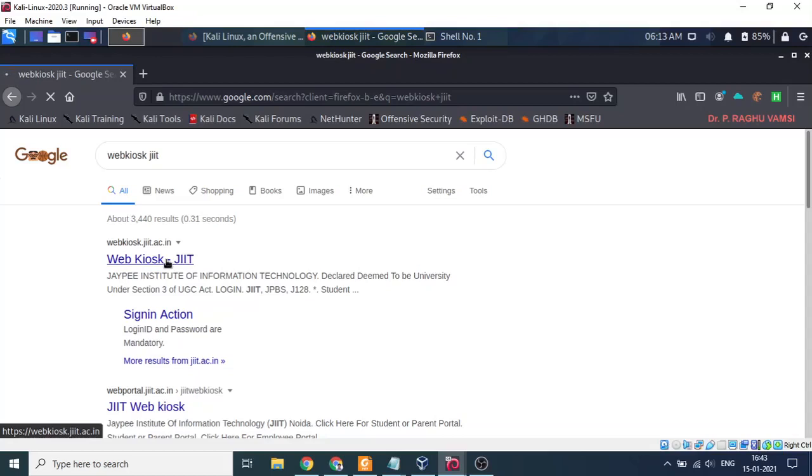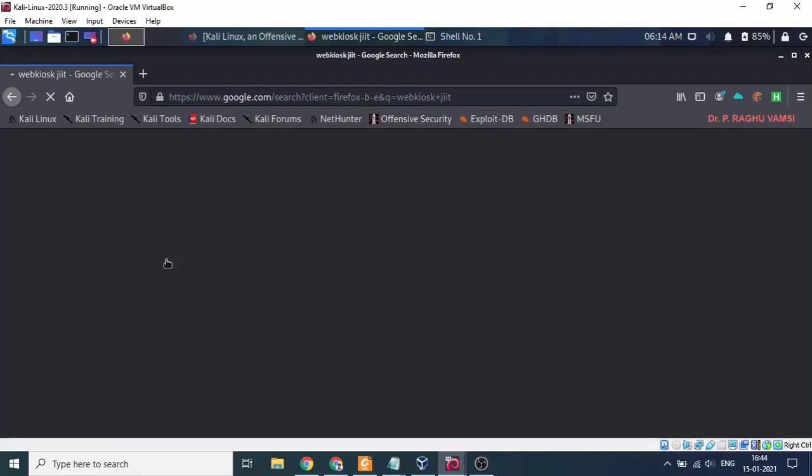Incoming traffic is to Ethernet 0, which is onto the NAT network. And outgoing traffic means whenever we request the WebKiosk JIT, obviously the WebKiosk JIT server has to respond, and from that server we'll get the response. The response will come to the internal network, that is to ETH0.